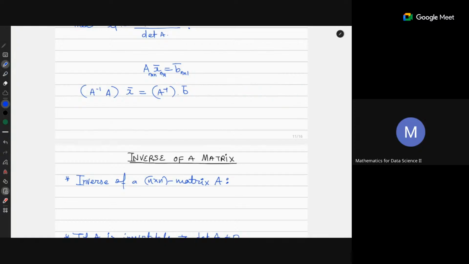I multiply the inverse of the matrix from the left-hand side, and I get this equation. The inverse of the matrix times the matrix is the identity matrix, so I x bar is x bar, and this is A inverse B. So we get x bar equal to A inverse B.